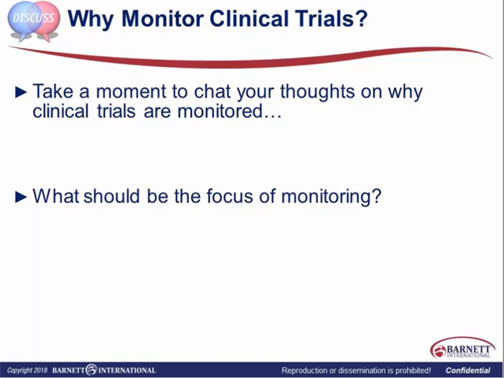So we'll take just a moment for you to chat your thoughts. So you're looking for data integrity, yes. Subject safety, very good. Any other thoughts when we look at monitoring? And compliance, very good, yes.